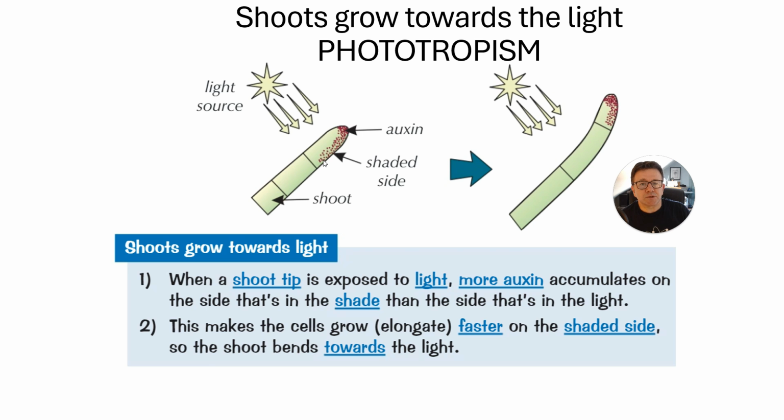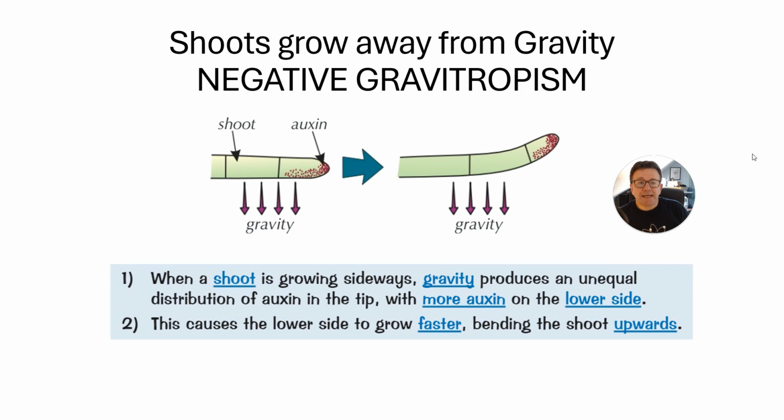This makes the cells grow, or what we call elongate, so they elongate faster on the shaded side, thus bending towards the light. Negative gravitropism, okay, when a shoot is growing sideways, gravity produces an unequal distribution of auxin in the tip, with more auxin on the lower side. So this causes the lower side to grow faster, bending the shoot upwards. Okay.